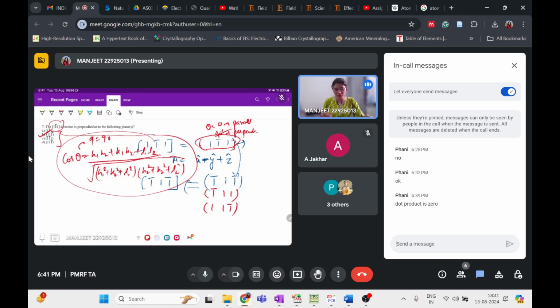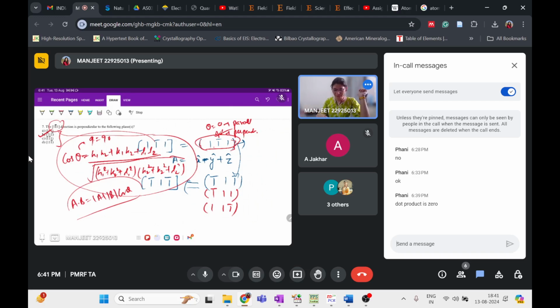This is also for the simple cubic. This will define the angle between the two planes. First find the plane corresponding to this direction, and then take the cos theta between the two. Or you can also find A dot B, the magnitude of A and magnitude of B, and cos theta there also.